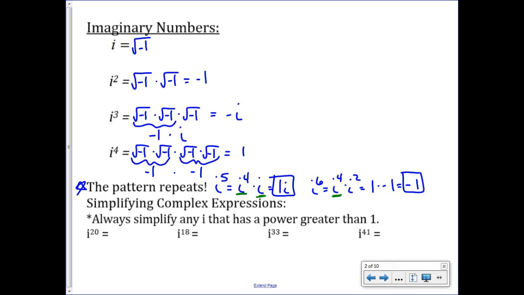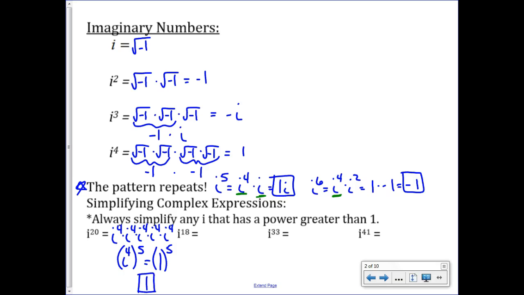So with i to the 20th, it's really just i to the fourth times i to the fourth times i to the fourth times i to the fourth times i to the fourth. And we know that all of those, or i to the fourth to the fifth power, i to the fourth is just 1. So we have 1 to the fifth power, or just 1 here.